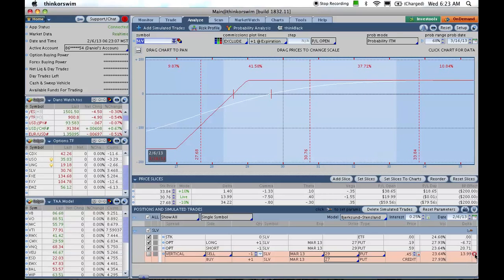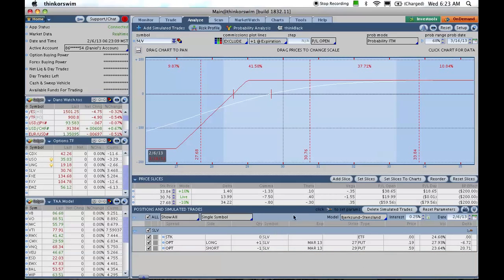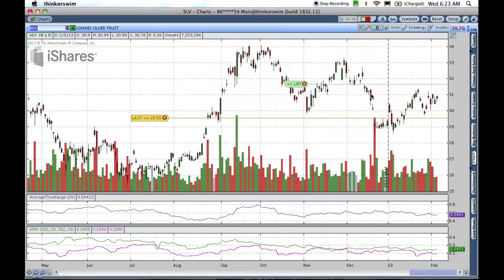I can delete this simulated trade, it shouldn't be in here, but we're short the 29, so basically we're short down at this level here. So we have a little ways to go before this spread would even go in the money, but this is the level where I'd say trend has reversed and it's time to get out.